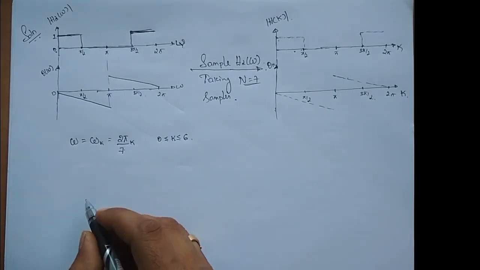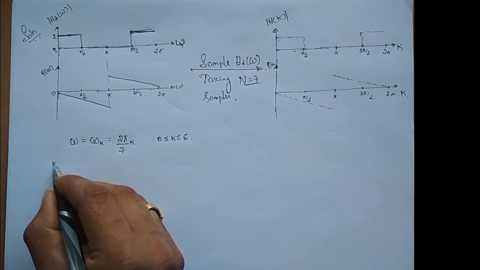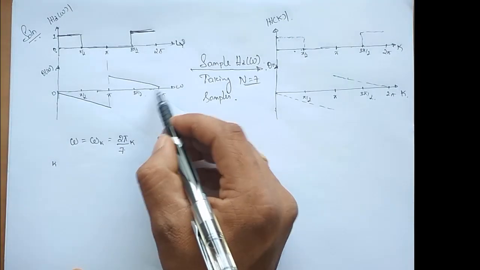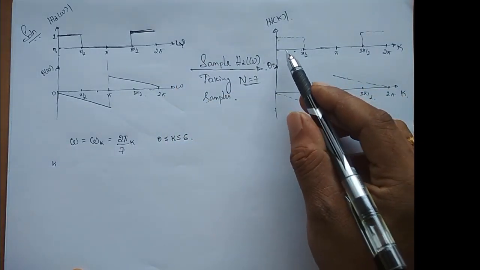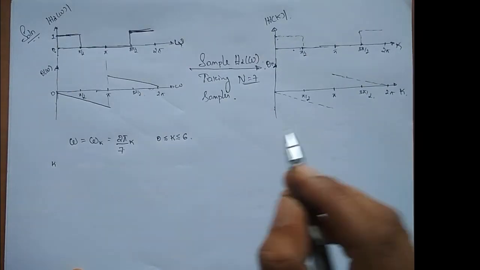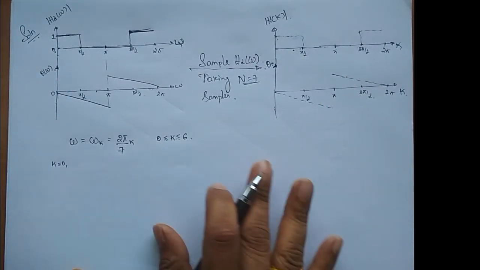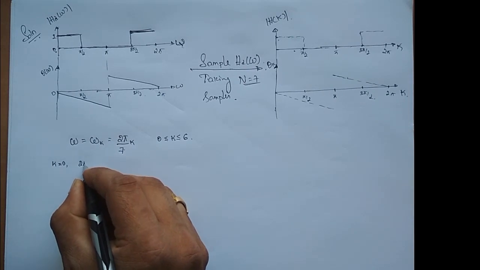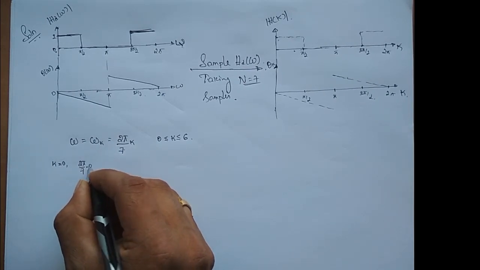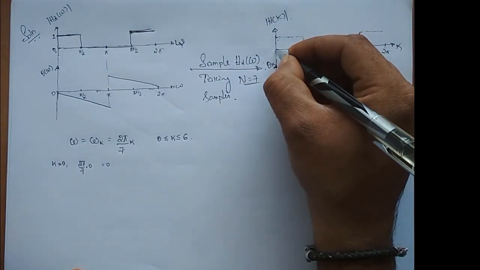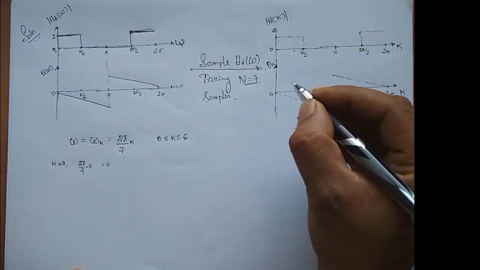Now I am sampling this omega axis for both magnitude as well as phase. For k equal to 0, what do we have? 2 pi by 7 into 0, which is equal to 0. So this is 0, this is 0, right?